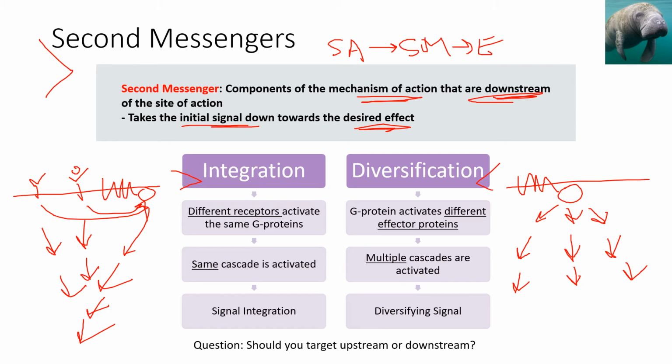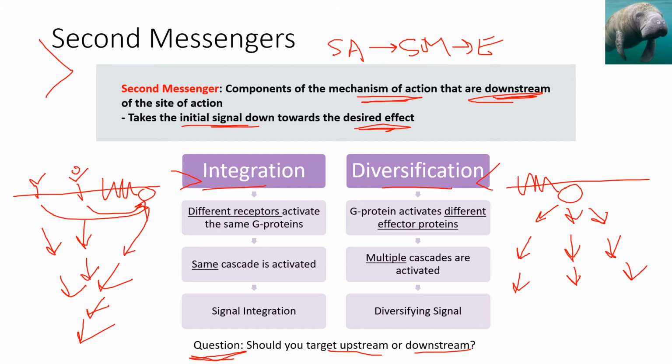And so a question that I want to ask is whether, when you have second messengers in your mechanism of action, you should target upstream or downstream. Now, due to second messengers, you need to consider the adverse effects due to integration or diversification.